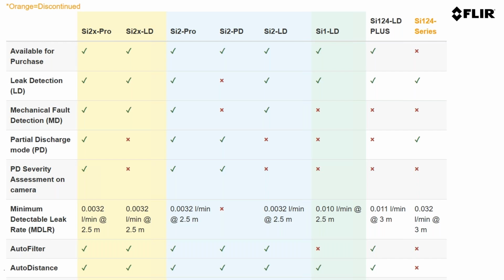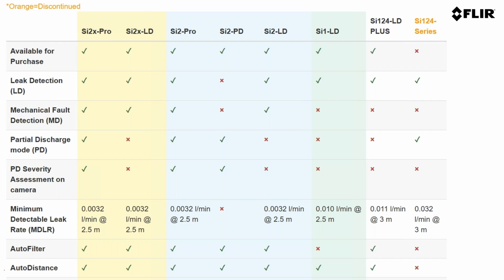Sorry to interrupt. No. Basically, you can see that there is consistency in the SI2 and the SI2X models. So we offer the same minimum detectable leak rate. Of course, the SI1 LD has a very good minimum detectable leak rate, but this is a different factor.